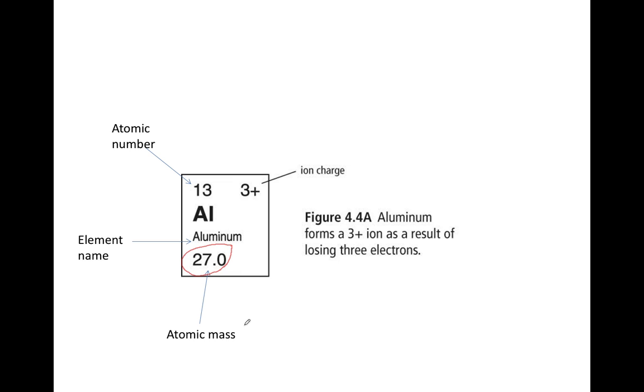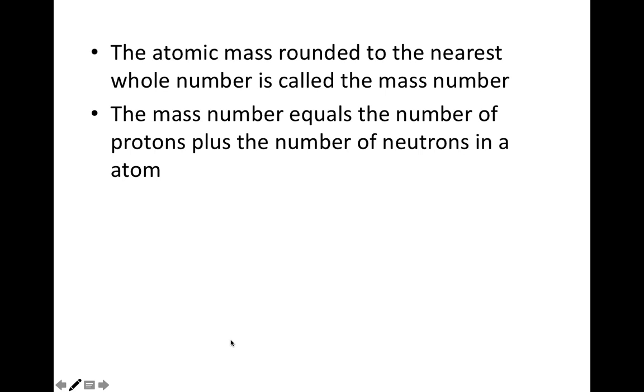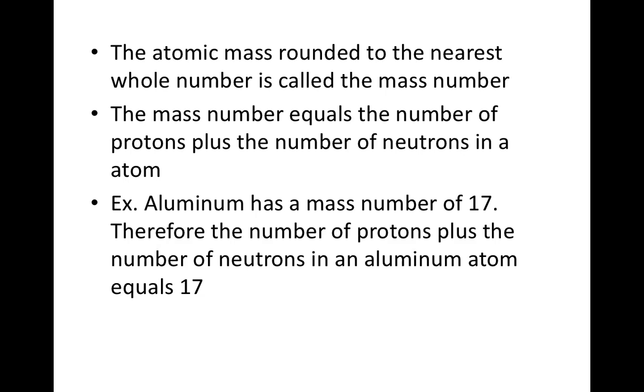The mass number is just a simplified way of saying atomic mass rounded to the nearest whole number. The mass number equals the number of protons plus the number of neutrons in an atom. For example, aluminum has a mass number of 27. Therefore, the number of protons plus the number of neutrons in an aluminum atom equals 27.